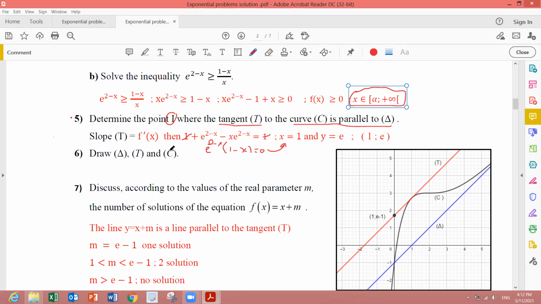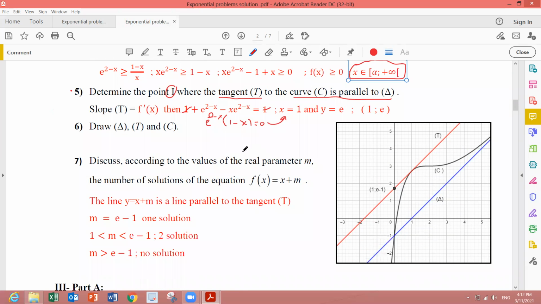Draw delta, the tangent, and C. Delta: y equals x minus 1, with points (1, 0) and (0, -1). This is the line delta. The tangent at the point (1, e), this is the point (1, e) with e about 2.7.